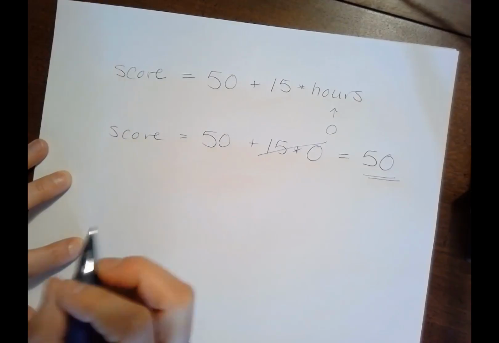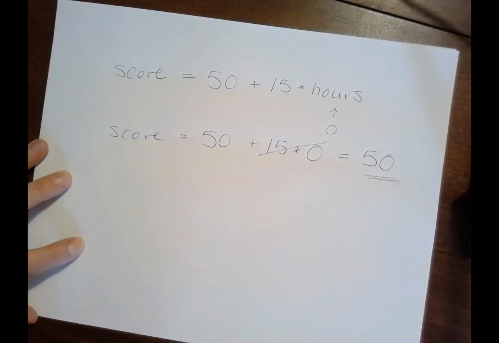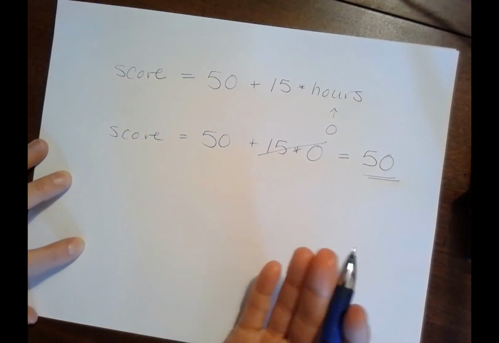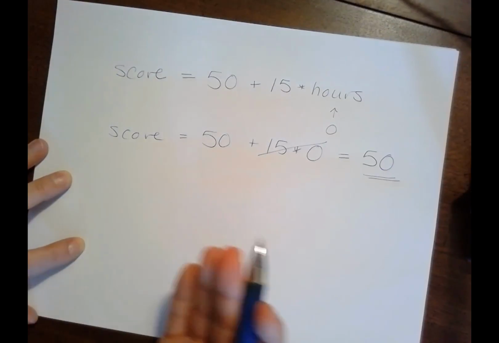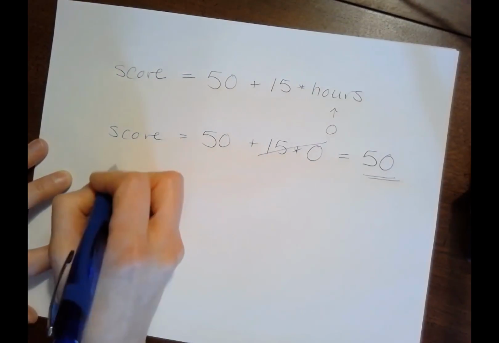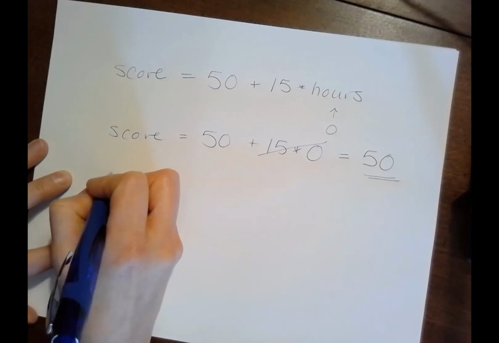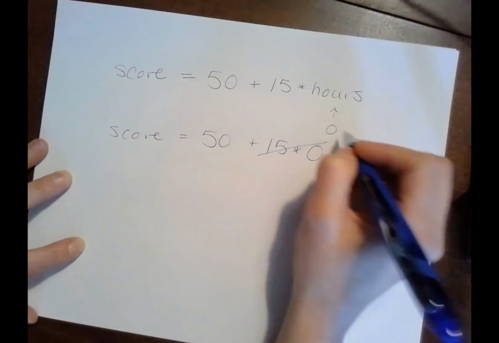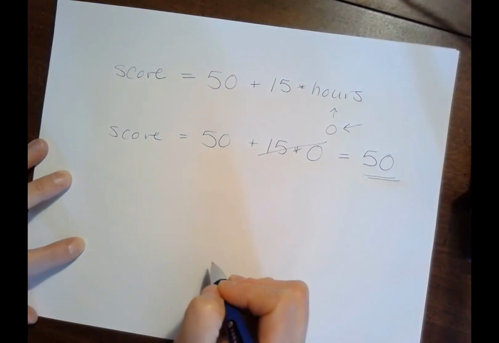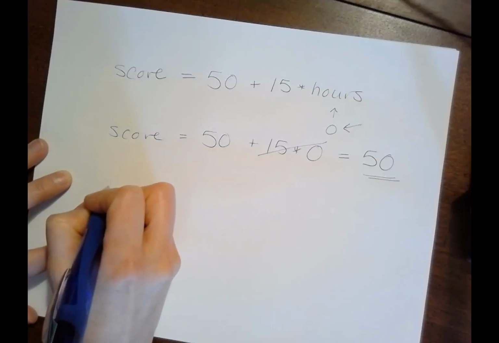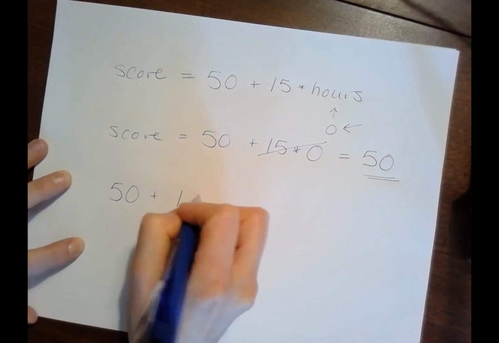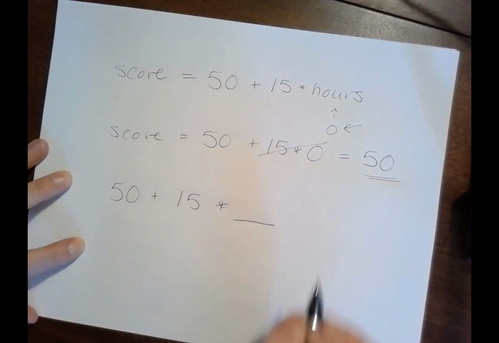But now I want to talk about making a prediction. So for any value of hours, I can make a basic prediction about what that person's score might be. So to make that prediction, I would substitute any value here instead of 0. So I write 50 plus 15 times anything and get an answer.